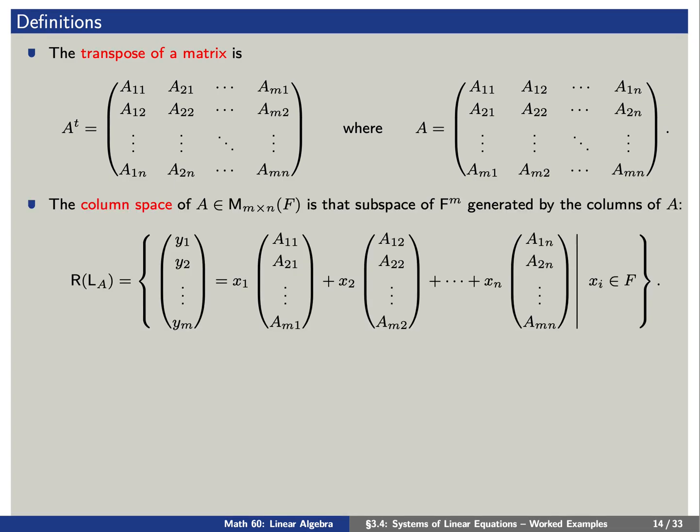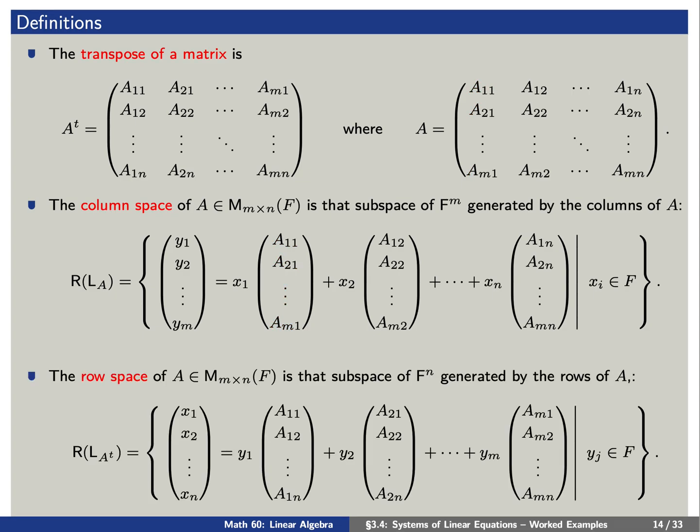The column space of A is that subspace that's generated by the columns of A. That is, we simply take a look at the span of the columns. You'll see here in red where we've looked at the first column of A, A11, A21 through Am1, and now we'll view that as an m-dimensional vector. The span of these m-dimensional vectors is what we call the column space of A.